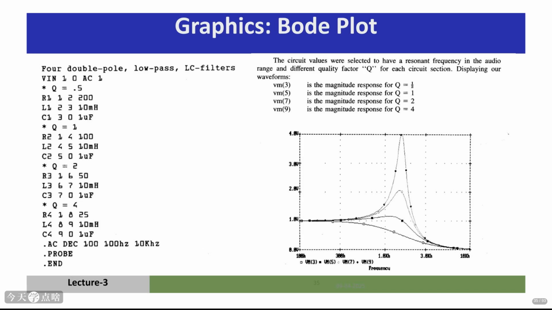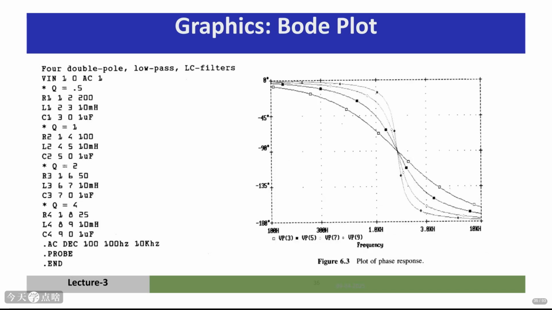The lower Q values, VM(3), VM(5), VM(7), show broader peaks. This demonstrates how the Q factor affects the selectivity of the filter. Higher Q means a more selective filter, but it can also be more sensitive to component variations.